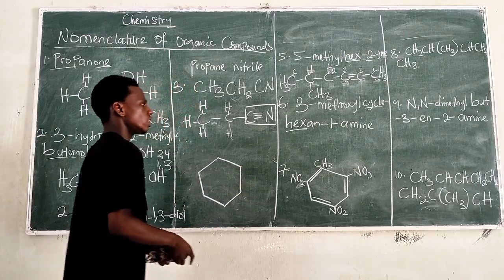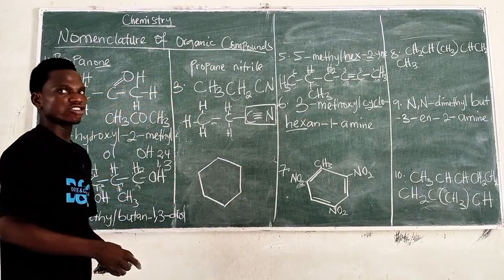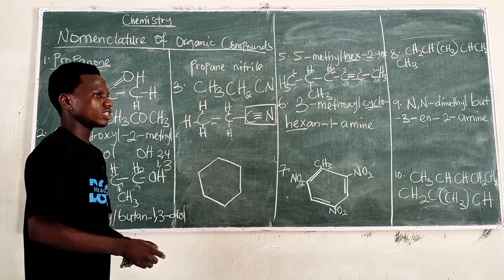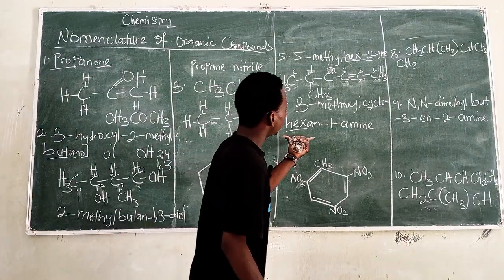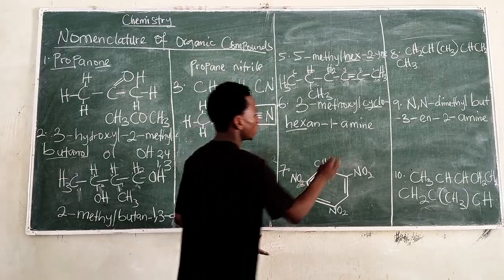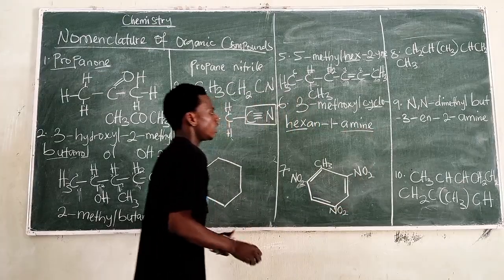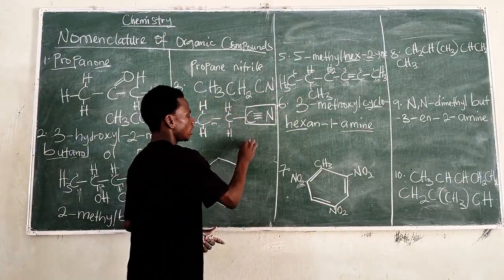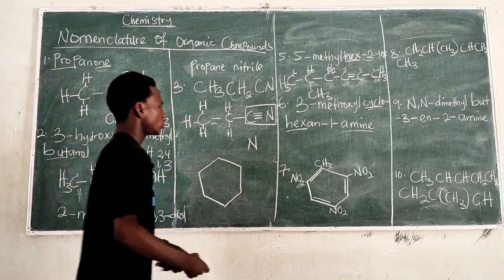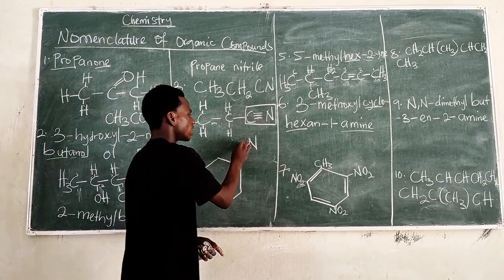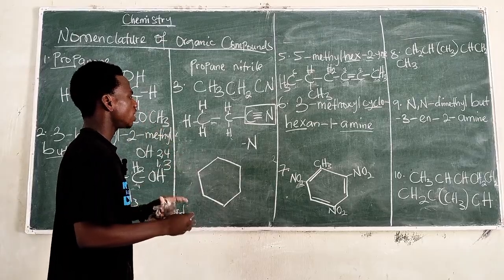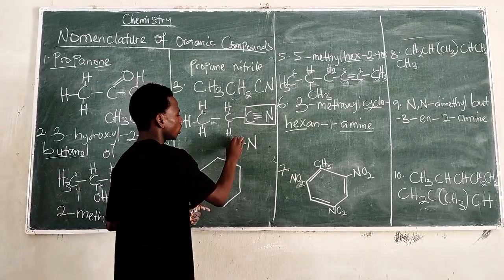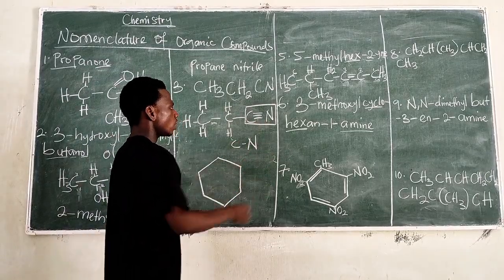So the next thing to do is to identify our functional group, the one taking priority in this compound. The functional group taking priority in this compound is amine. Amine is a nitrogen single bonded to a carbon. It is different from a nitrile because for a nitrile, it is carbon triple bonded to nitrogen.